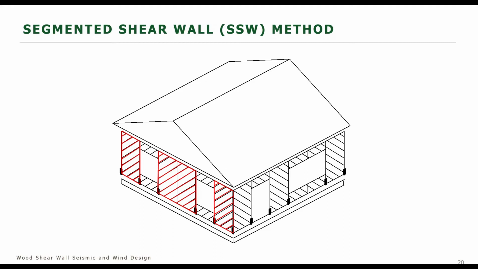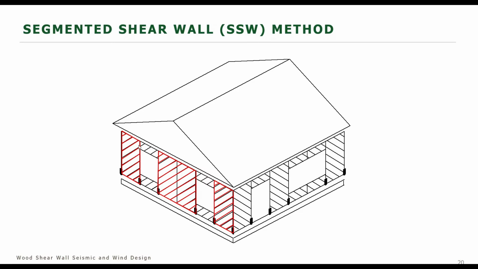Each of these segments will have hold downs at the end of each segment, which you can see here, these dark black lines at the bottom of each of these segments. So with this type of design, you would have the maximum number of hold downs present.